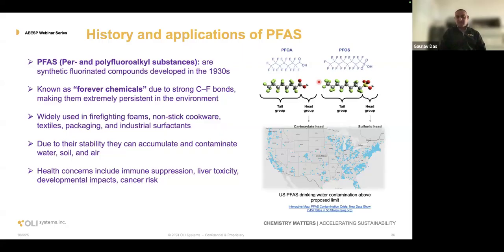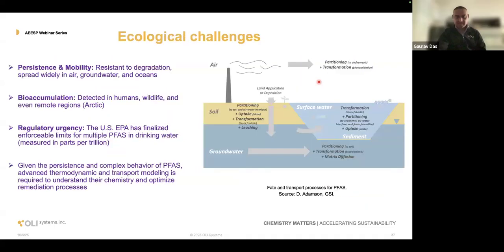So these compounds are also termed forever chemicals. Due to their stability, they can accumulate and contaminate water, soil, and air, and through that can bring in severe health concerns, which include immune suppression, liver toxicity, developmental impacts, and even cancer risk.